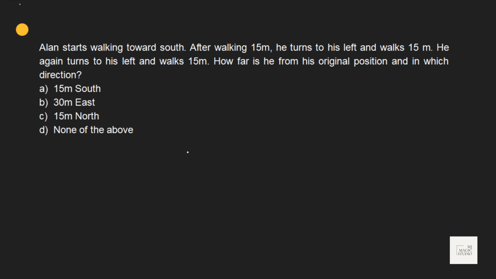So Alan this time, where is he? Alan starts walking towards south. This is Alan, walking towards south. After walking 15 meters, he turns to his left. To his left means to my right now, because he is facing south, and walks 15 meters.